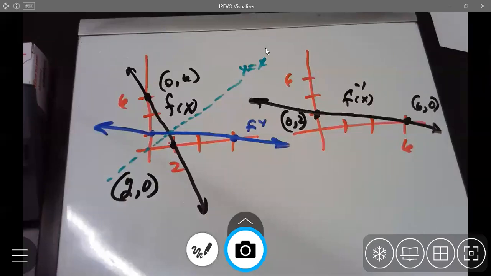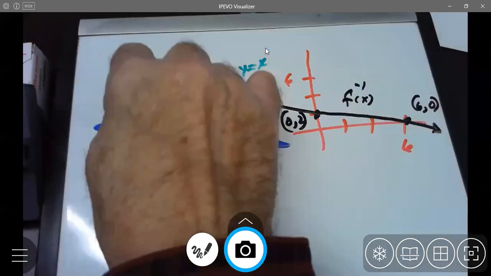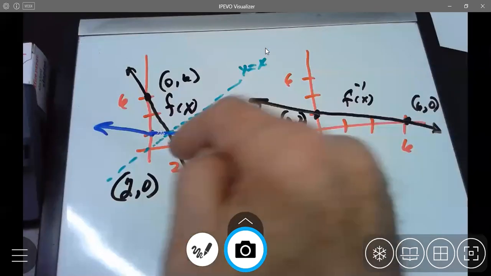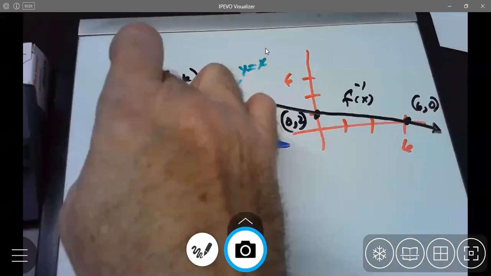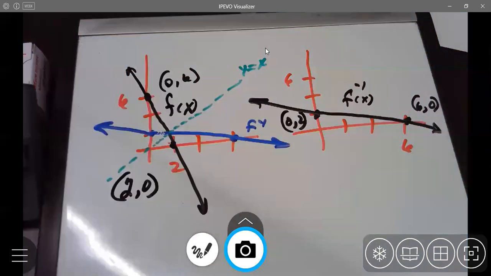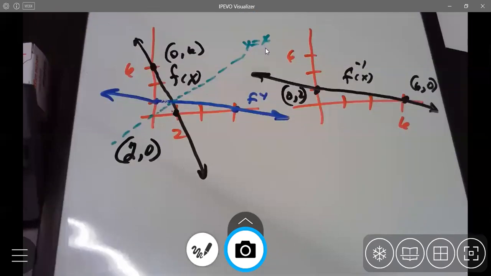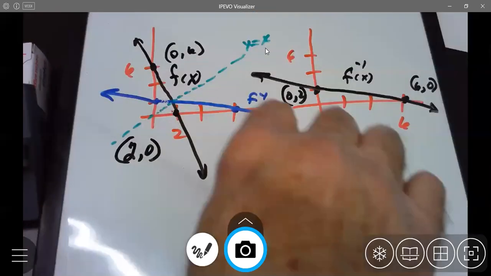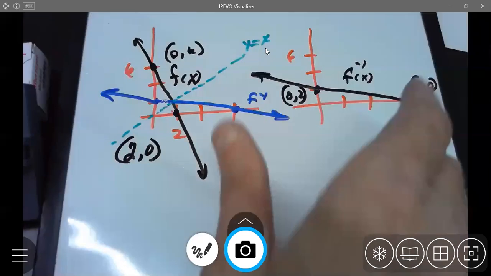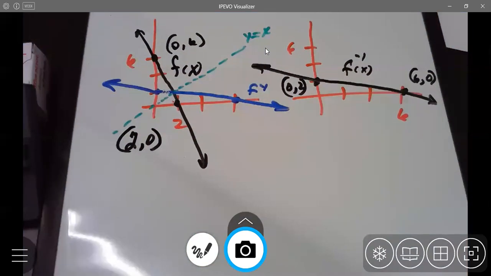As the function moves away from the axis of symmetry, so will the inverse. As the function gets closer to the axes of symmetry, moving from left to right, so will the inverse. Now you're not going to have to draw it all on. You're just going to have to match the graph with its inverse, but that's how you would do it. All right, questions with that?